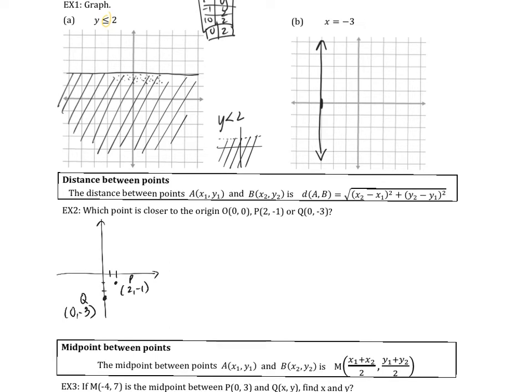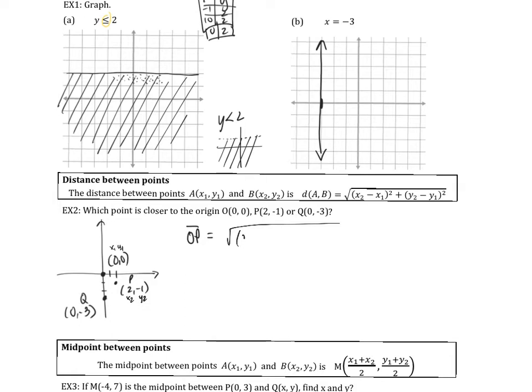So we're going to go from the origin. We're going to find the distance from the origin to P. That distance is going to be square root of, I'm just going to call this one x1, y1, and this one x2, y2. So it's going to be the difference between the x's.